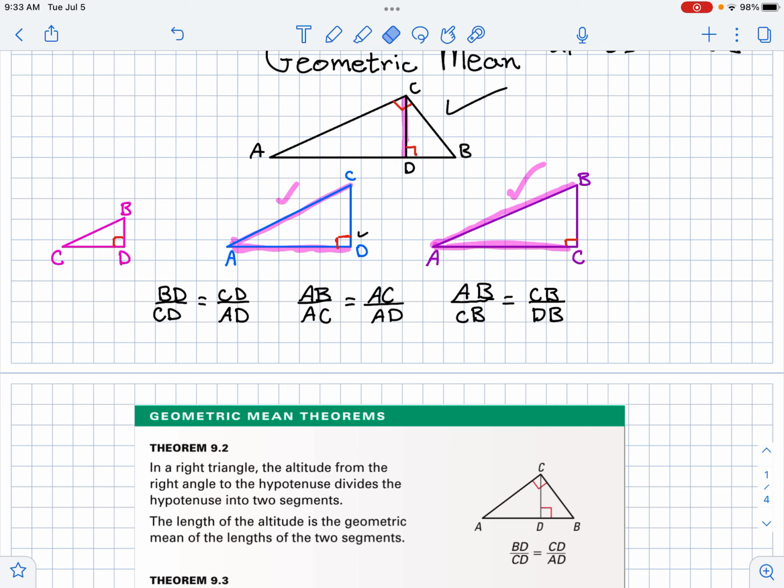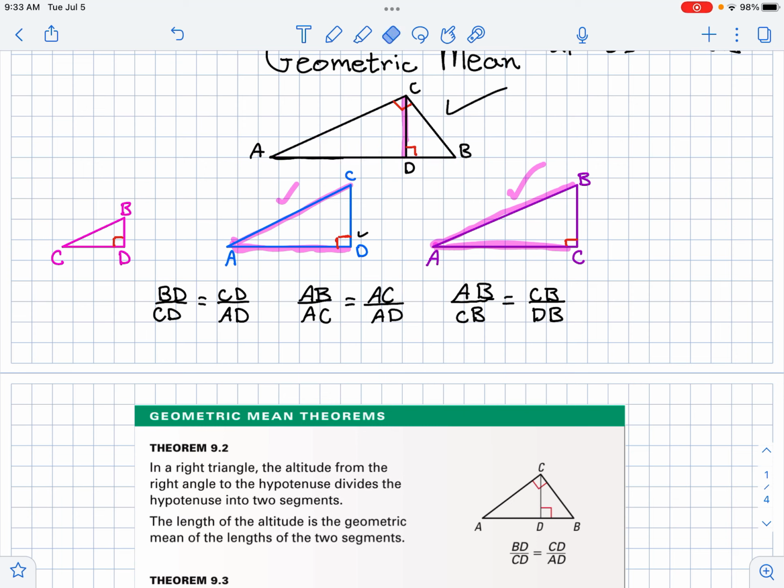I've got this AB, this whole line right here, the old hypotenuse, is to this new hypotenuse from one of the newly created triangles, as that newly created triangle hypotenuse is to AD, the smaller side. So think about this.